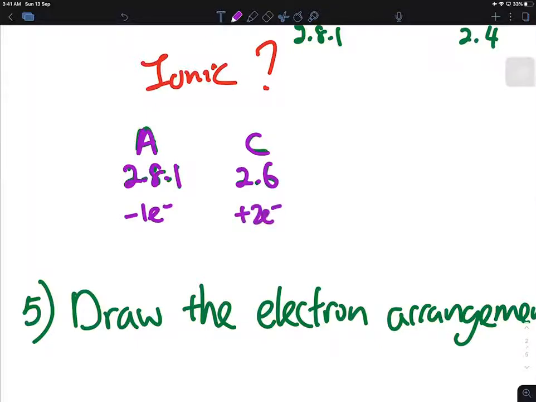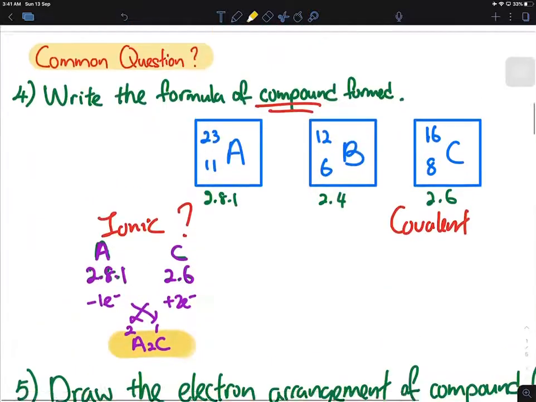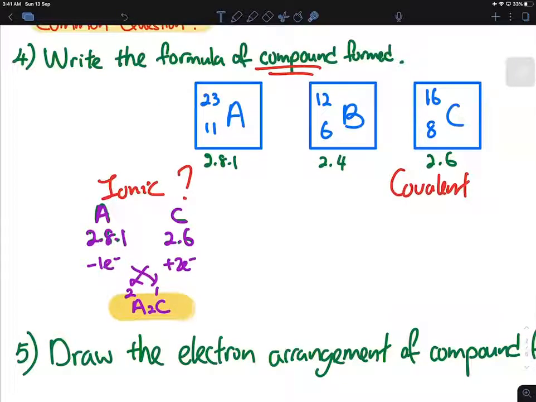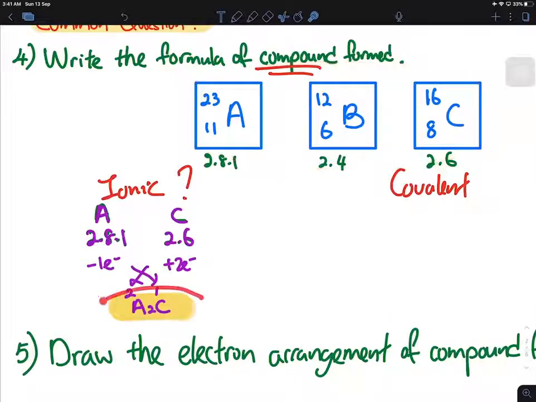If you can do these steps, you can just cross the numbers, 2, 1. So it becomes A2C. So the formula of the ionic compound that can be formed from these three examples is A2C.